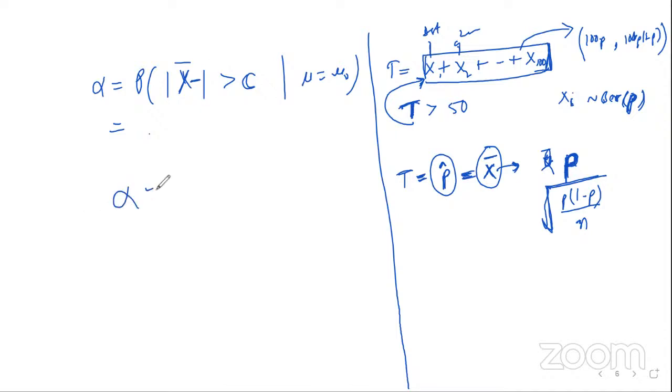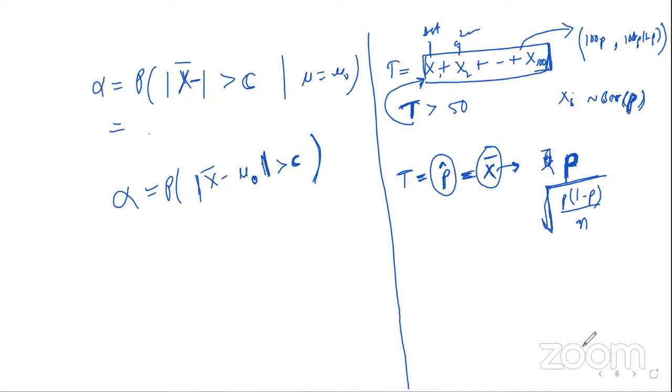But if you are writing alpha equal to probability of mod of x bar minus mu naught greater than c, why are we not subtracting mu naught from c here? Because you have already standardized this random variable x bar, like you have already made this mean to be 0. So you don't want to subtract another mu naught from C.